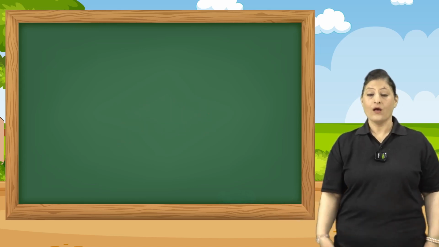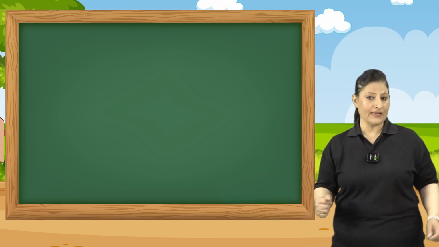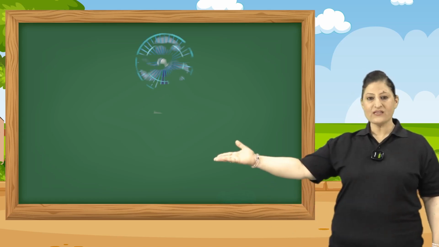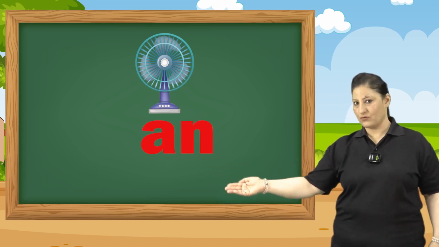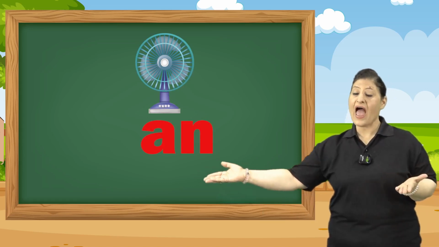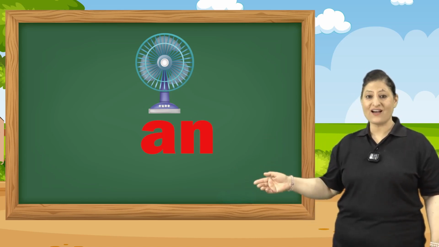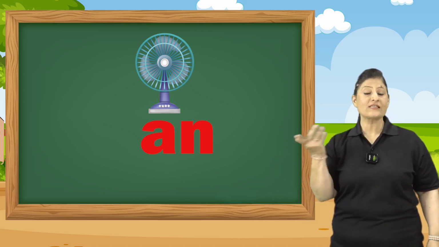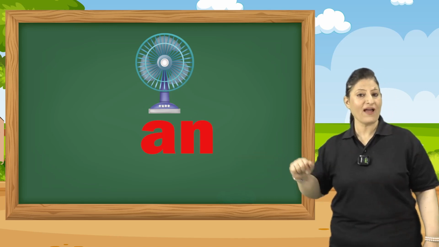Let us all read a two-letter word and make a three-letter word from the picture clue. See, on the screen you have seen that there is written A and N. A-N says an. And now in the center there is a fan. So now can you think what consonant we shall add to make it fan?